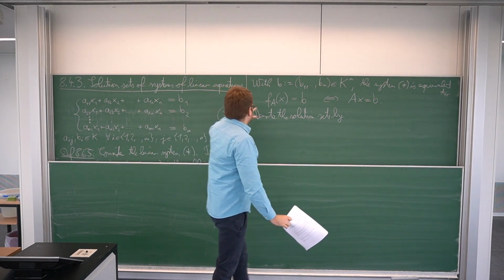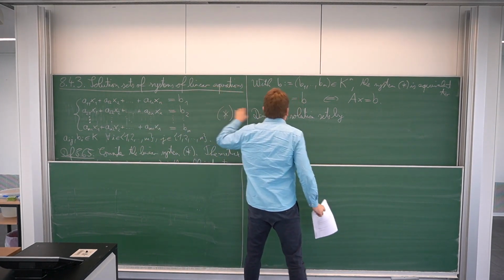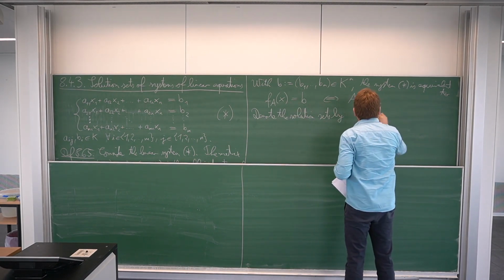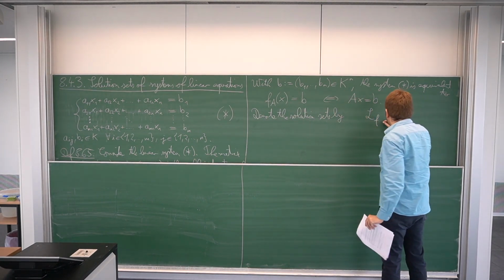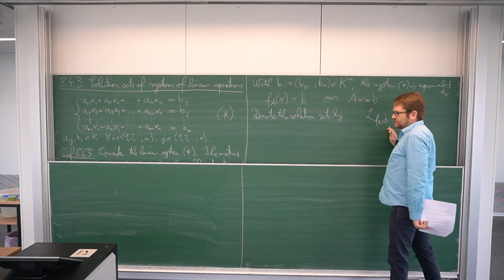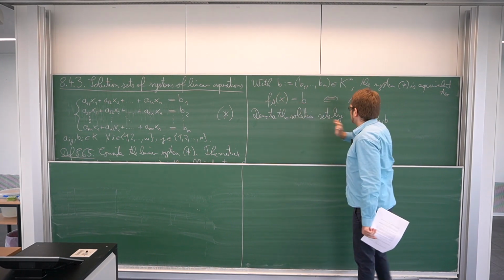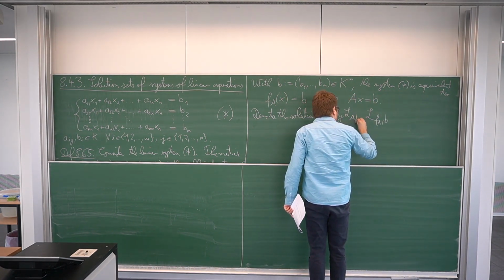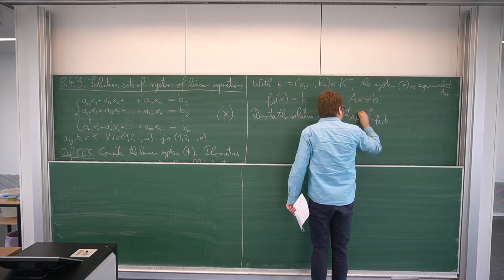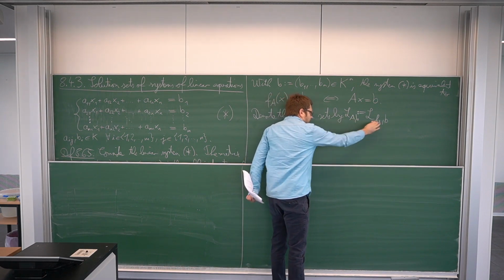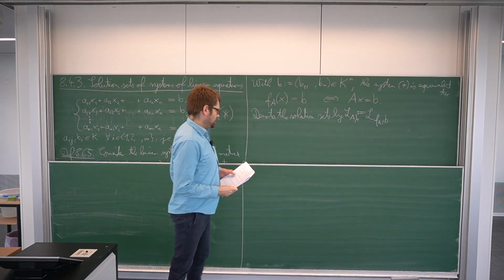Since the solutions of this system are solutions of this equation, and this was denoted by calligraphic L with the linear map fA and b, I will just write L with index A, b instead of fA, just to simplify things a bit.